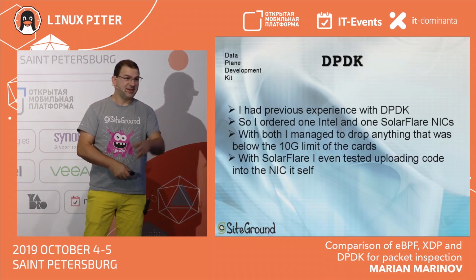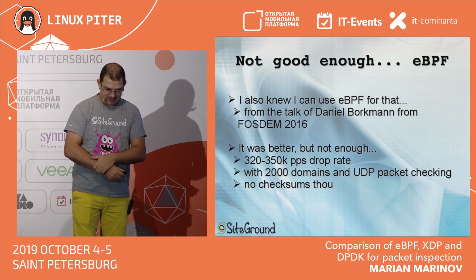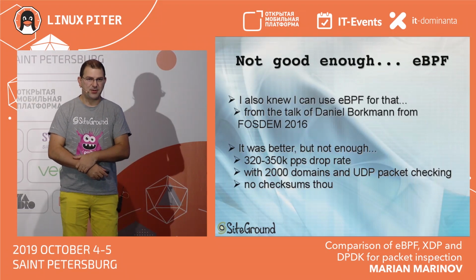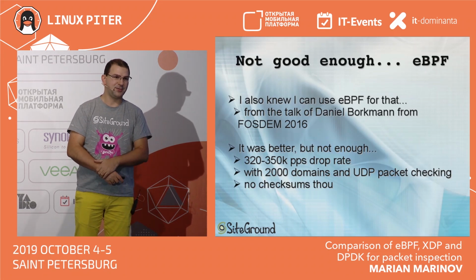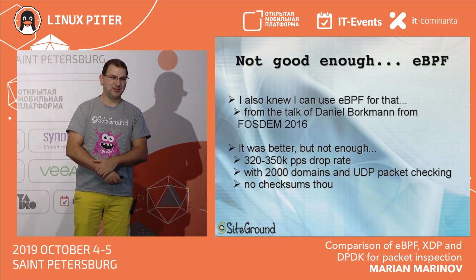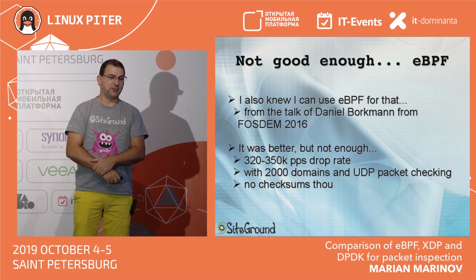So after that, yes? Can you repeat, please? What do you mean by no checksums? I mean that when I was inspecting the packets, I didn't do the UDP checksum at all. I was hoping that the packet would be correct.